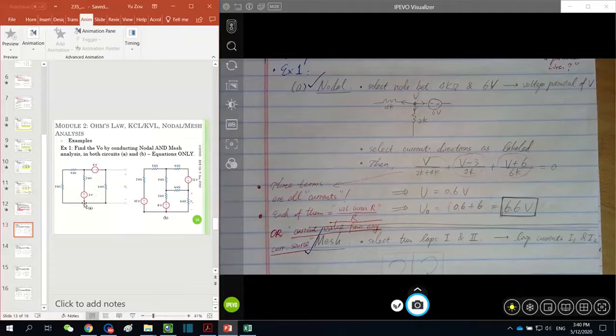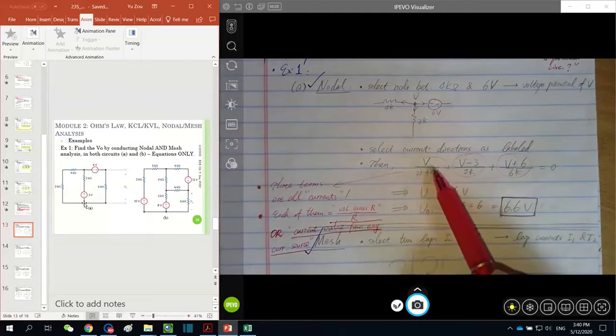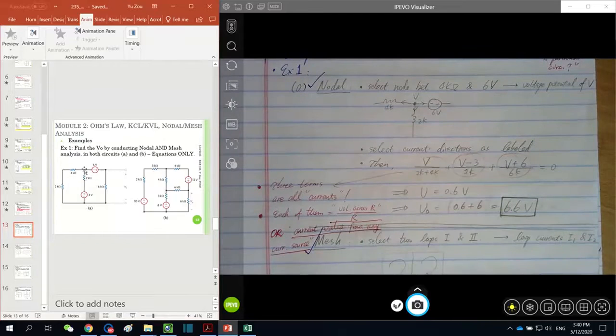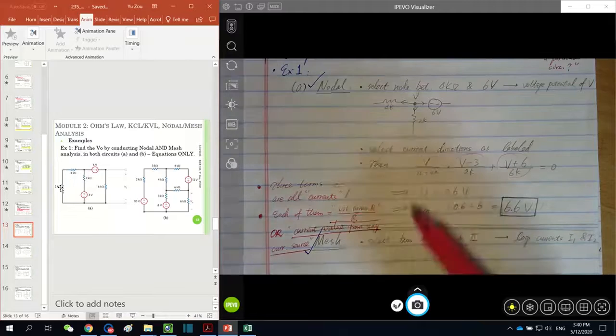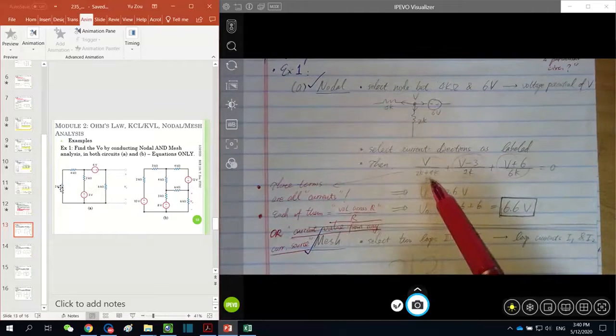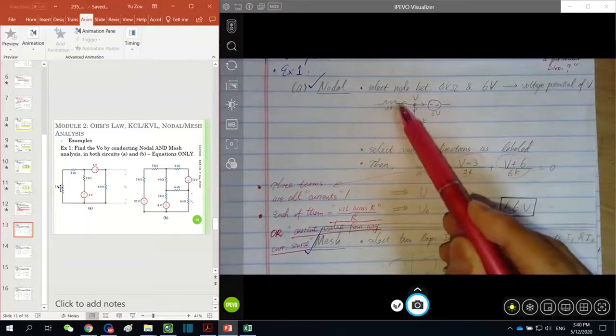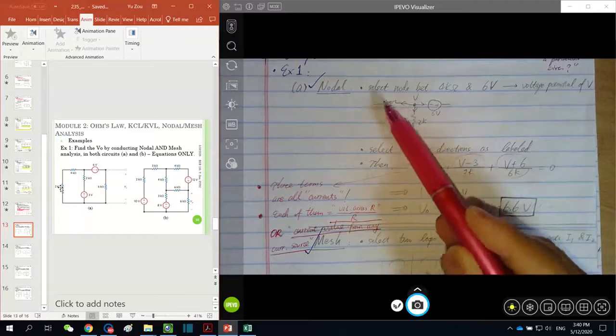So we have V minus 0, divided by, from V all the way down to ground, we go through 4 kilo ohm and 2 kilo ohm. That's why in the denominator we have 2K plus 4K. So this is the current towards the left.